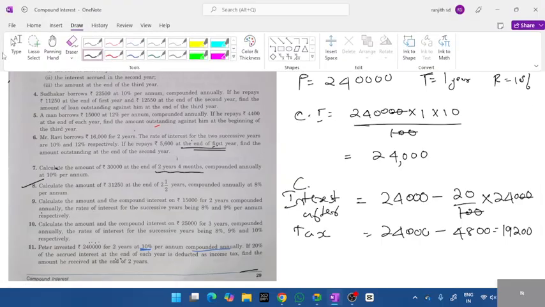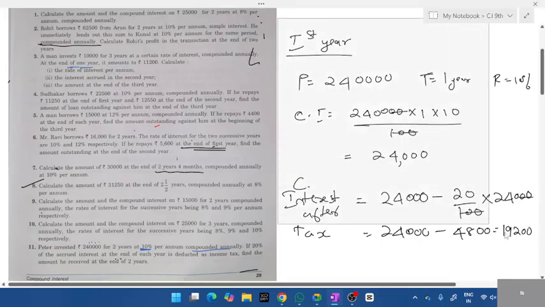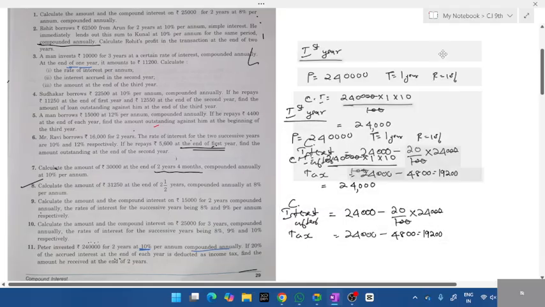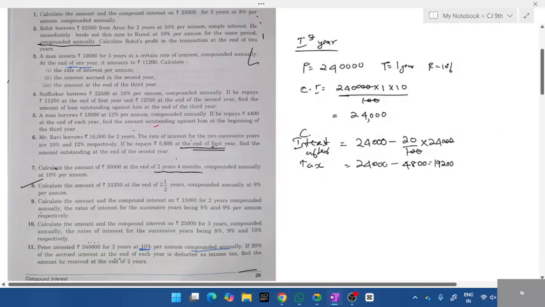Yes. Now what you have to calculate? Amount. What will be the amount, students? How do you calculate amount?